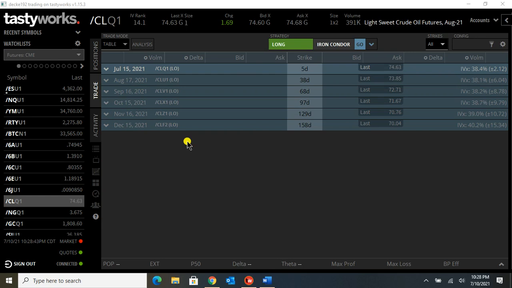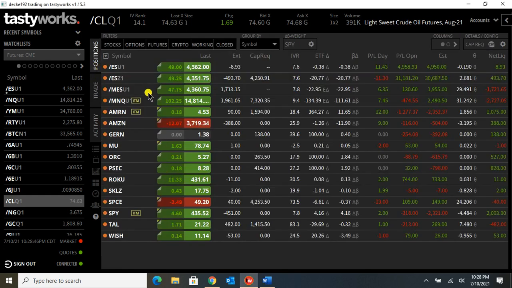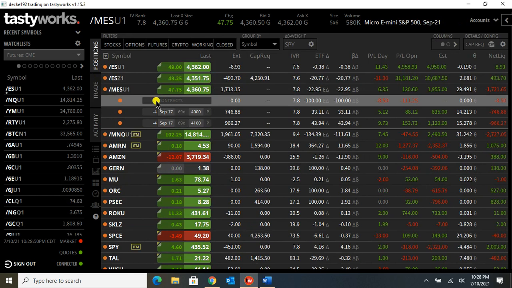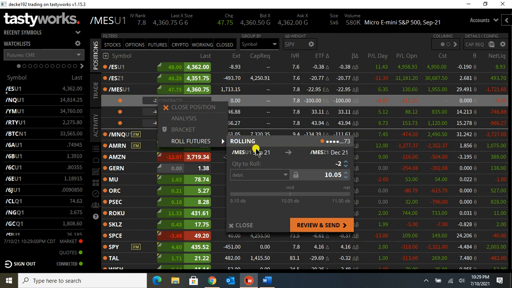So Tastyworks actually has this capability built in. If I go into where I actually have a futures contract, I'm actually short the /MES, which is the micro E-mini S&P, and I right click, I can roll future, and I can roll from September to December in one click.